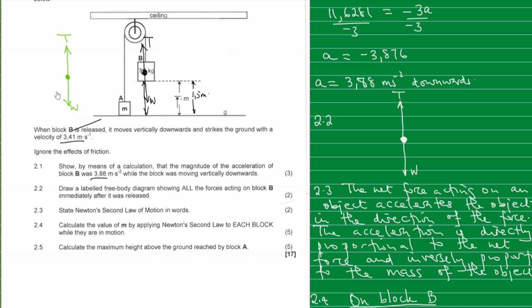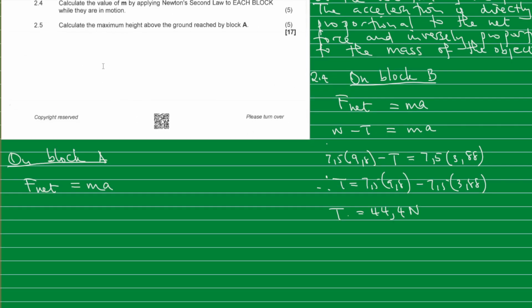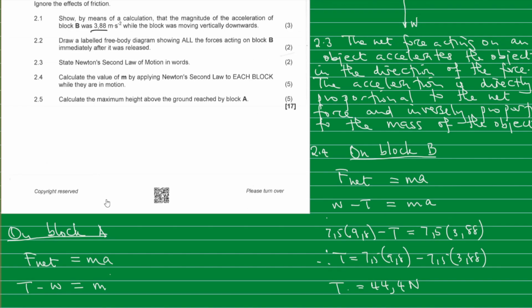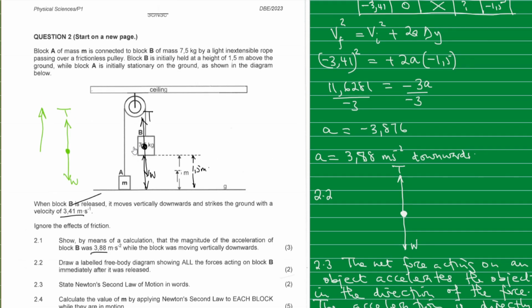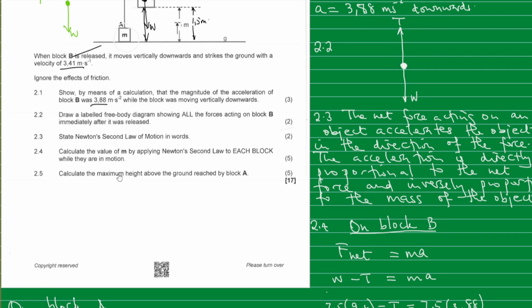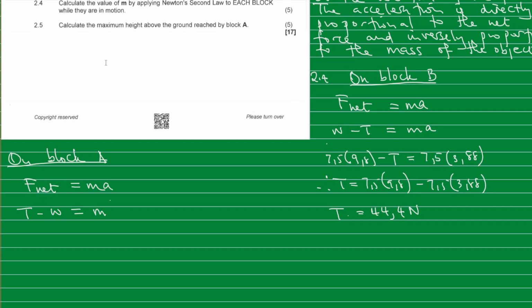Now tension is upward there, so we have to take that as positive. We are breaking down the net force. That will be T minus W is equal to mass, which is unknown now. This is our M. Multiply that by the acceleration, which is 3.88.